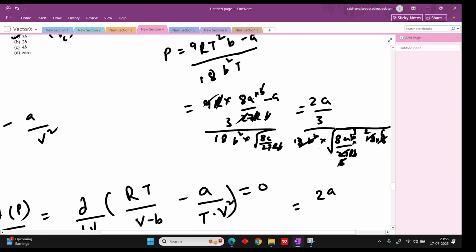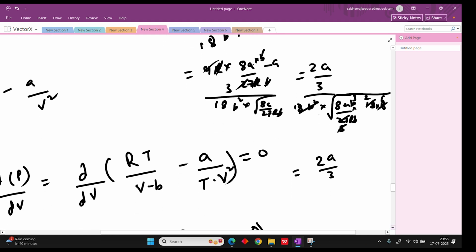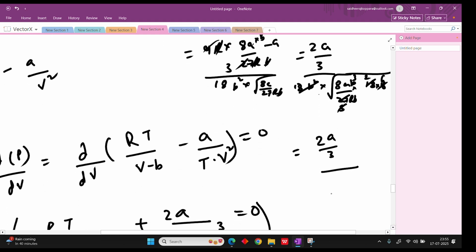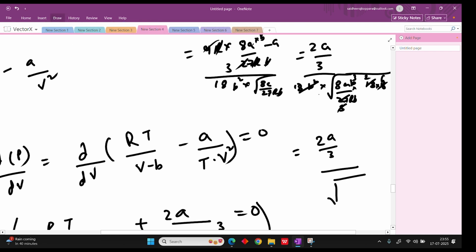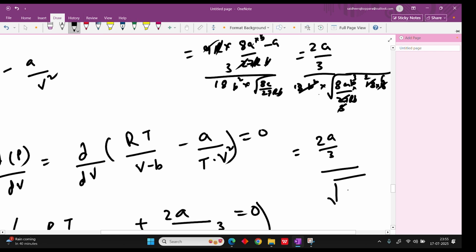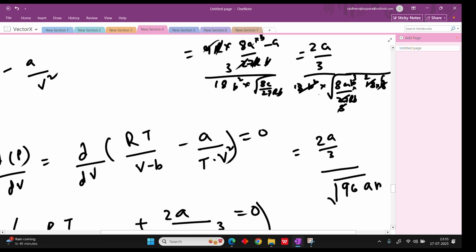Then your value is 2A by 3, 8 into 2, 16. 16 into 6, so 96. 96 A B cube by R.